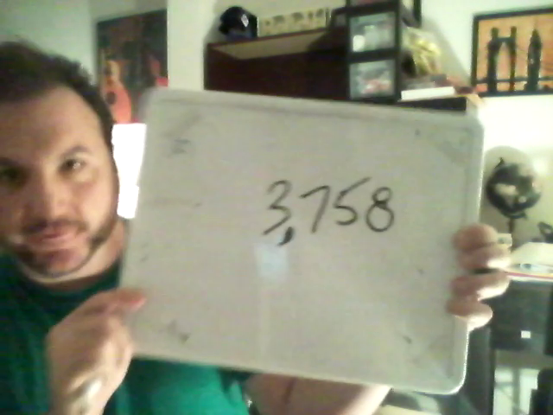And by the way, you'll also notice we did talk about standard and expanded form. The way we read numbers would naturally be called the word form. So the words, the way you write it in words, that's the word form. So it's 3,758. Okay? And you can make up your own and practice those as well.